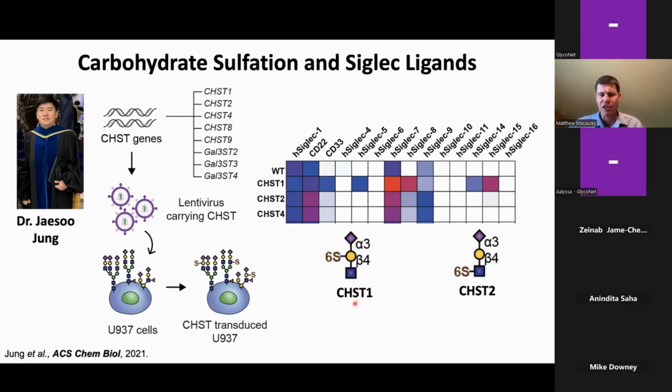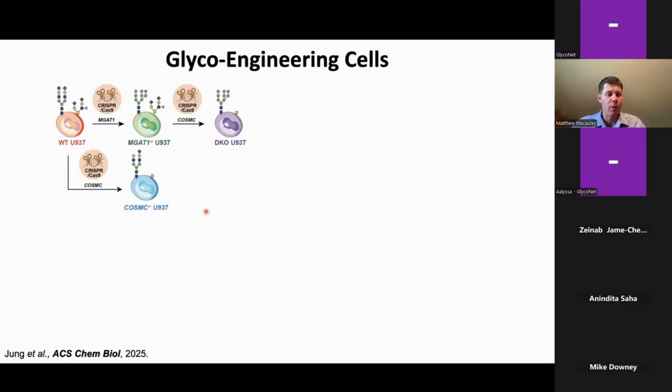So this CHST1 result was really striking, and we followed this up in a second paper, which we published earlier this year. And what Jae-Soo wanted to do is really go into detail of where that sulfation is being displayed from, what types of glycans. And so he made a glyco-engineered library where he knocked out complex N-glycosylation, for example, with MGAT1, complex O-glycosylation with Cosmc.